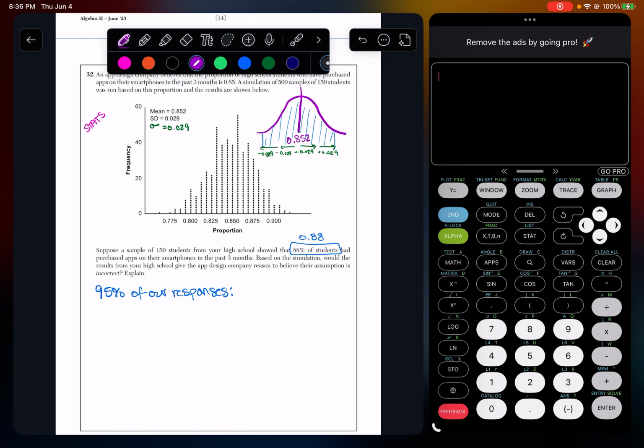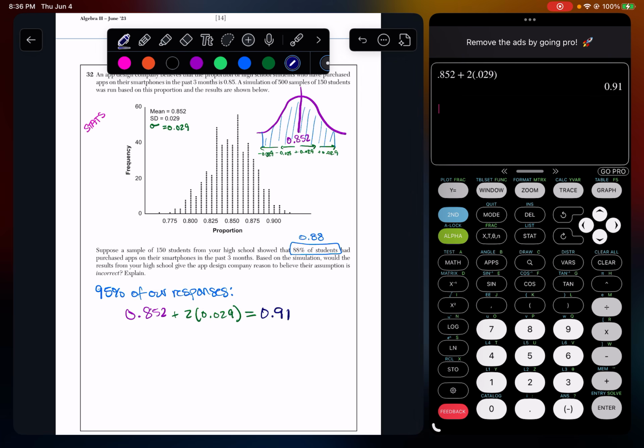So I'm going to take my 0.852 and I'm going to add 2 standard deviations. And that is going to give me 0.91.